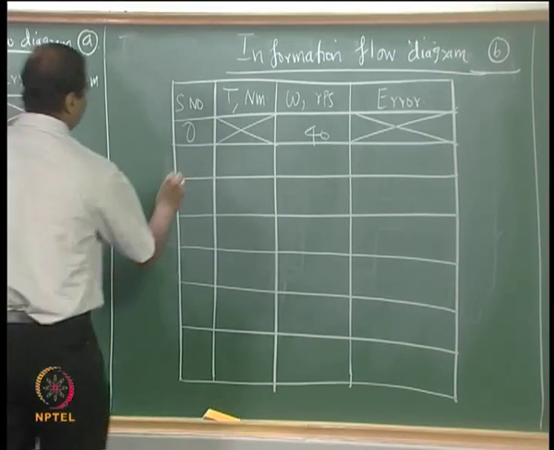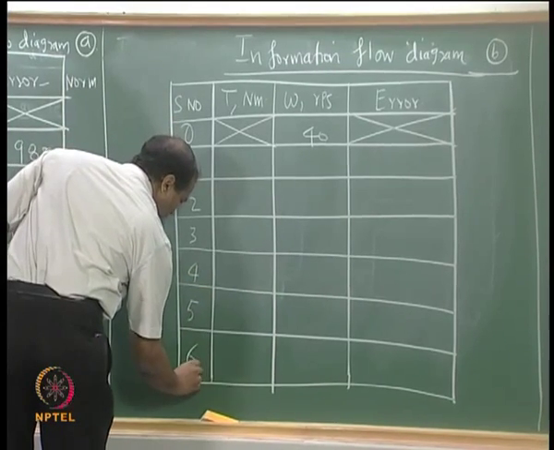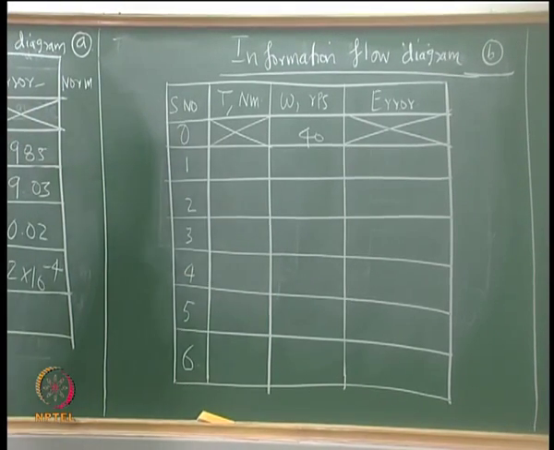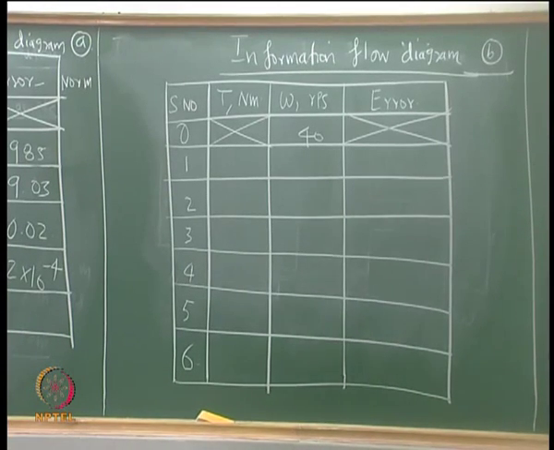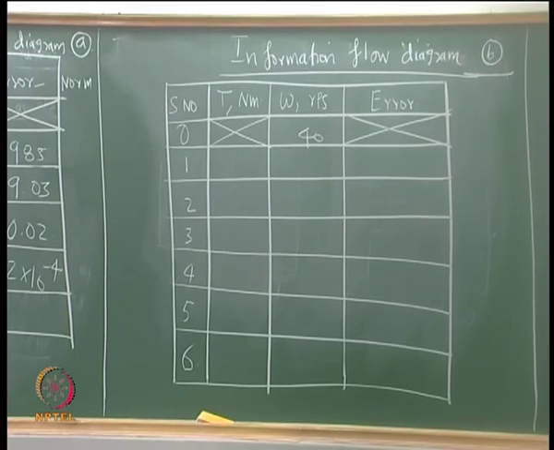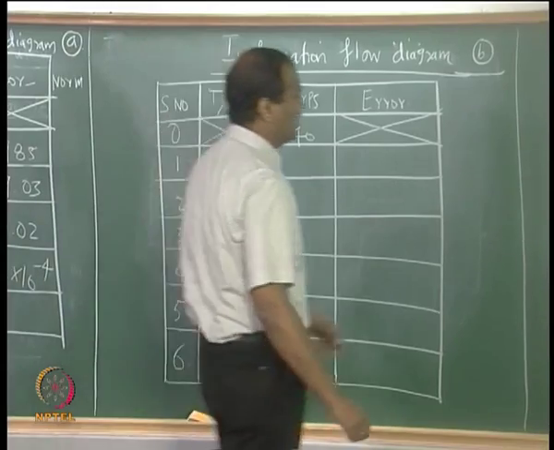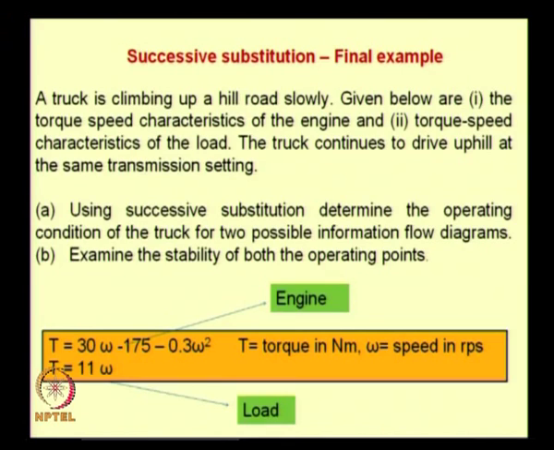Now, we proceed to... so now what do you do? You substitute 40 here and then T is how much do you get? 440. Good. So, T is 440.